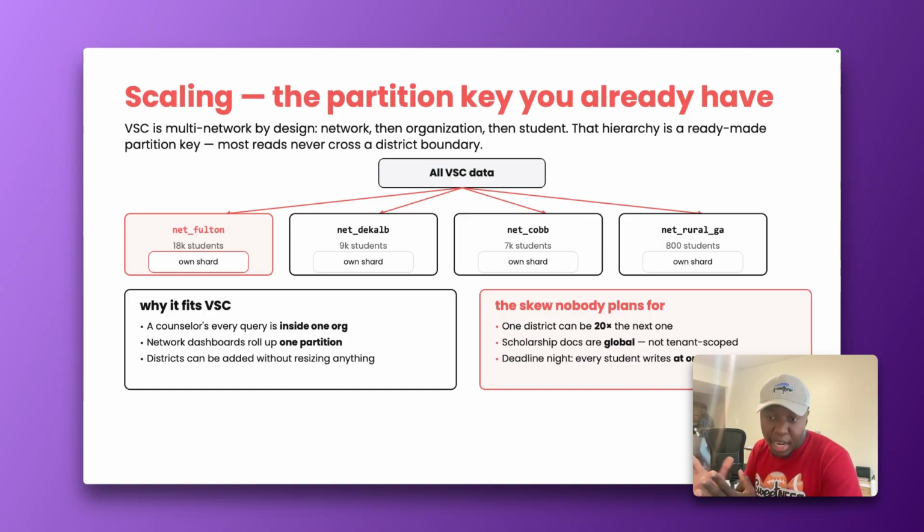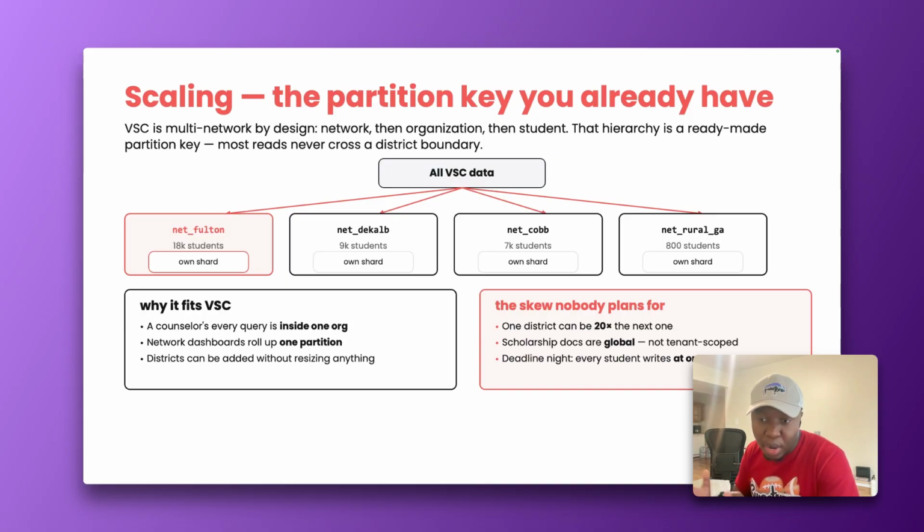But we can imagine, let's say, the Scholarship Academy gets a new contract with some organization that wants to serve Fulton County, and then this number doubles from 18K to 36K. Because our database is partitioned by the network, we can scale based on just this network that serves Fulton County.